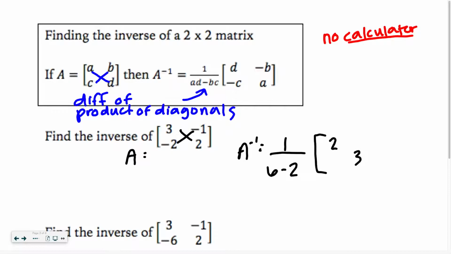They were both negative, now they're both positive. Well, this is really 1 over 4. Now I've got to distribute my scalar to each of those. That will be 1/2, 1/4, 1/2, 3/4. And there's my inverse matrix.